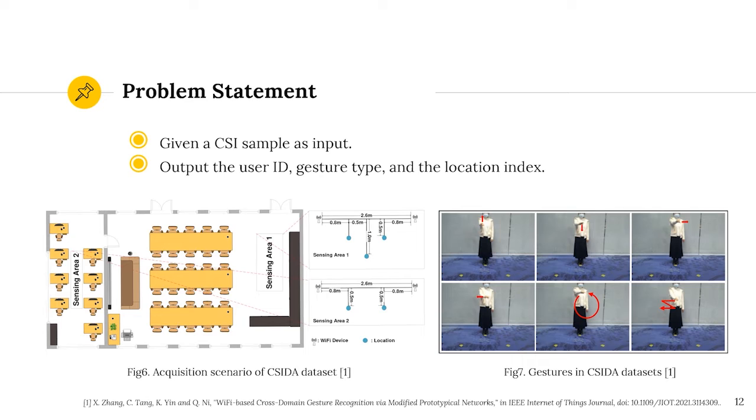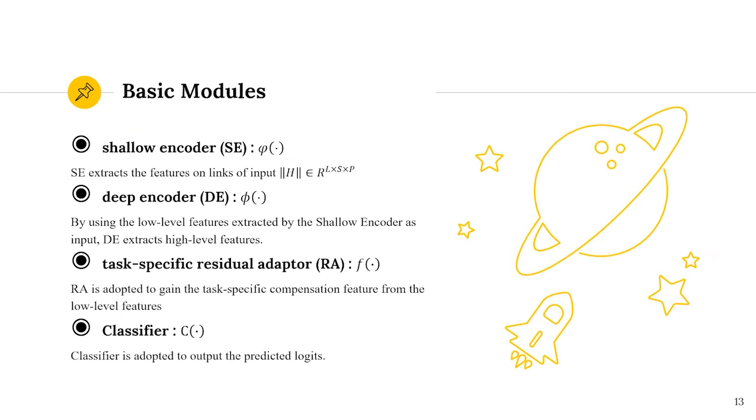As illustrated in Figures 6 and 7, the datasets contain different types of gestures collected in different indoor locations, and we try to construct a model to recognize the gesture type, the location, and the user at the same time by using the CSI sample. The proposed model consists of different basic modules.